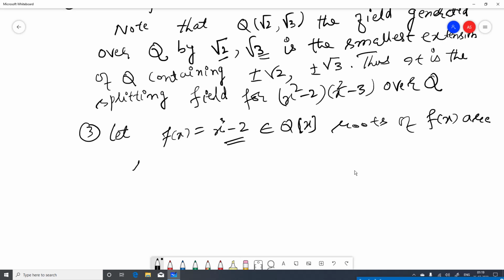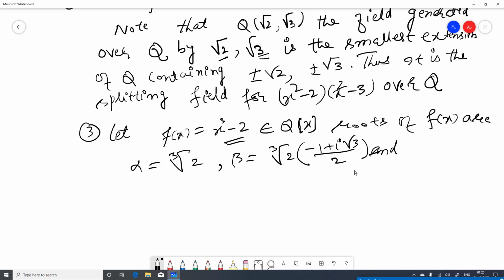So the roots are alpha, which is the real cube root of 2; beta, which is cube root of 2 times minus 1 plus i root 3 by 2, the cube root of 2 times a cube root of unity; and gamma, which is cube root of 2 times minus 1 minus i root 3 by 2. So these are the three roots of this polynomial.